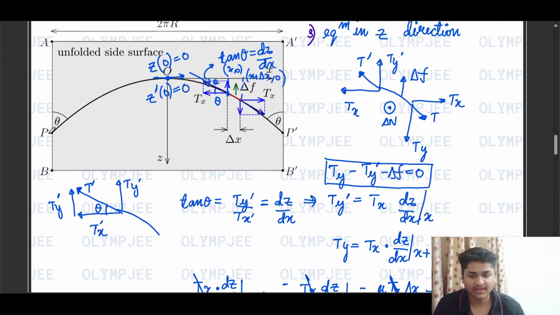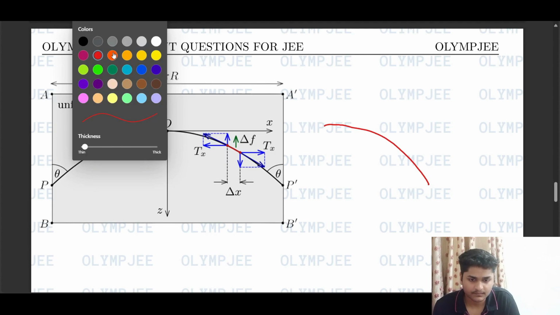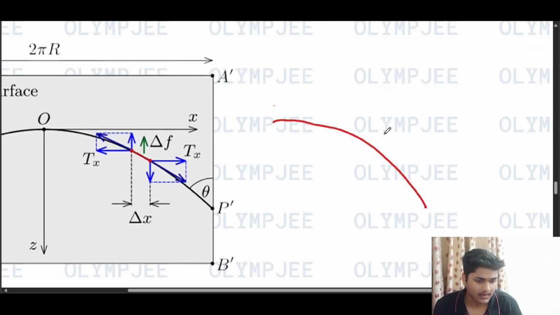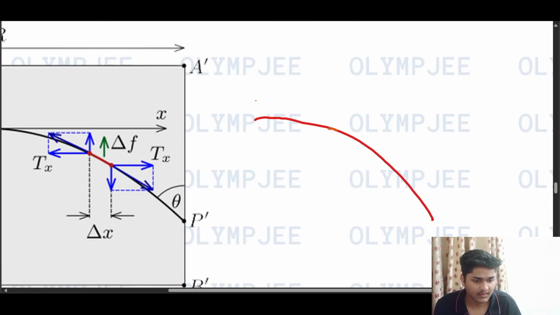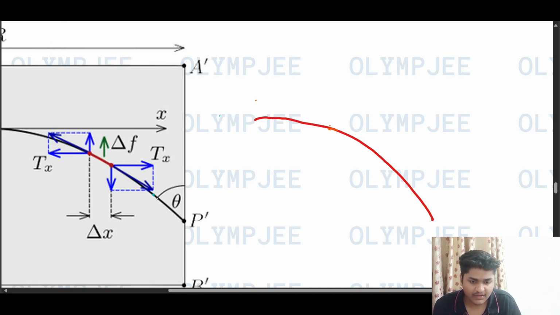Now we need to find the length of this thread, and we can use this trick to find the length. Assume this is the thread, and assume that if we integrate small parts over the entire length, then we will find the length of this thread.